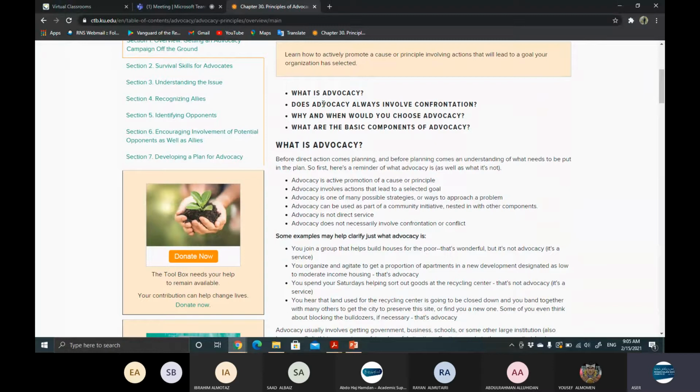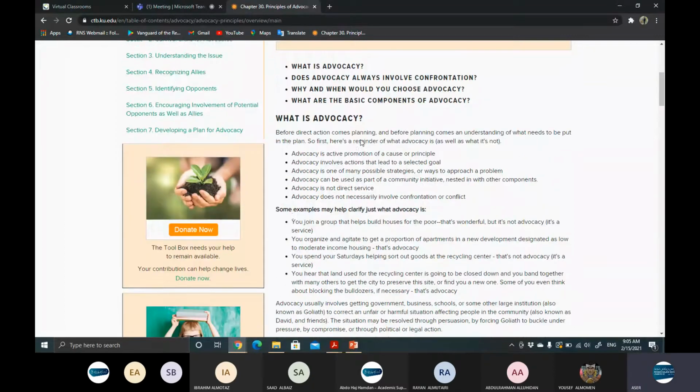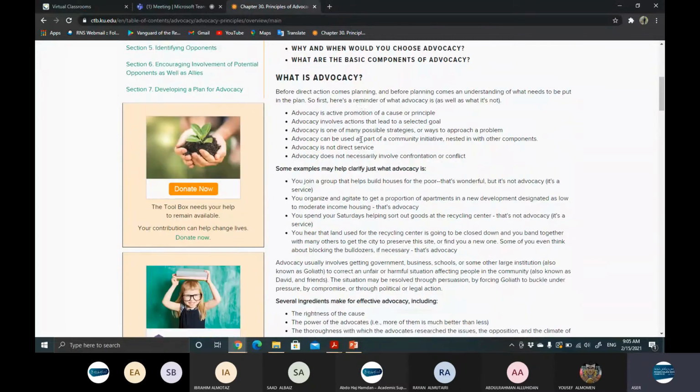Confrontation means having a conflict with anyone, a really bad conflict. And you must choose your advocacy, meaning that you choose the situation you are speaking about. And later we have also spoken about the best components for advocacy. Today we will speak about the skills for advocacy.